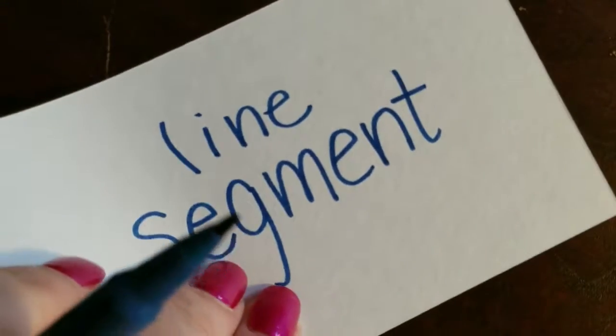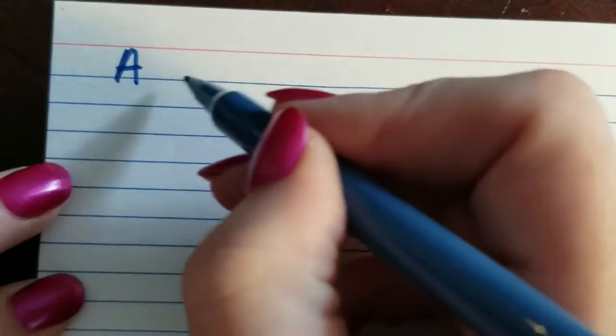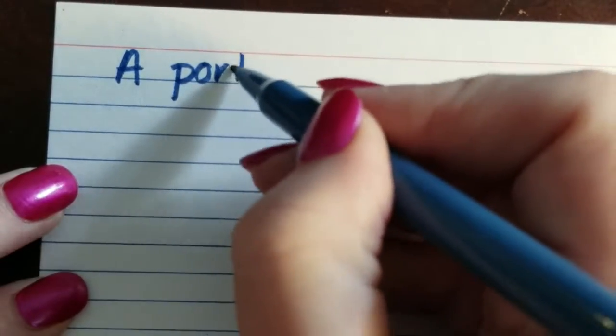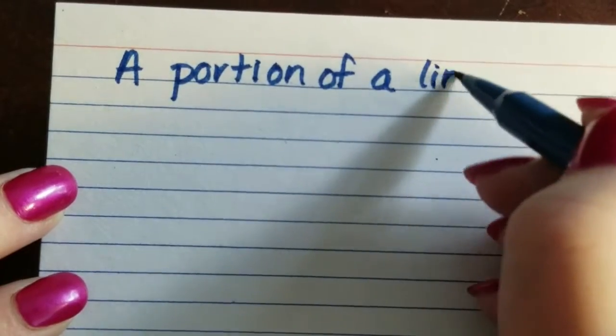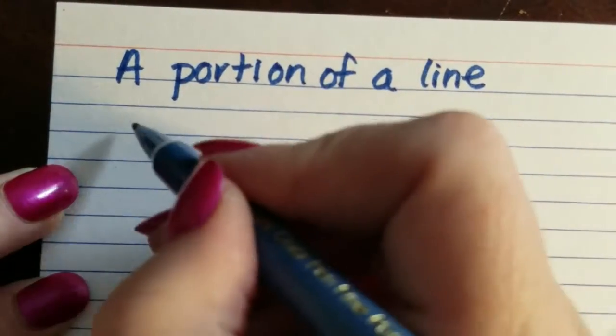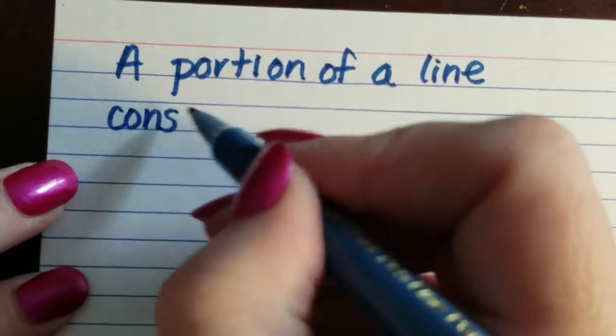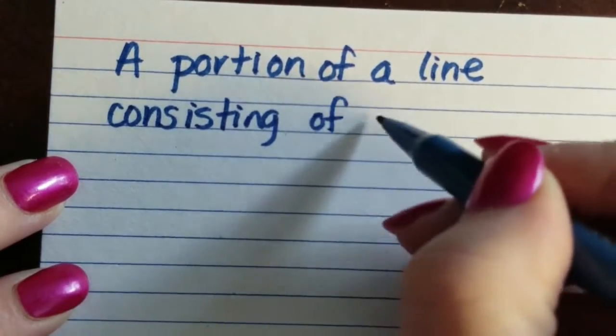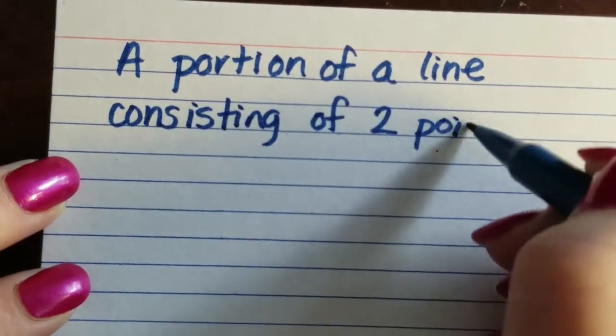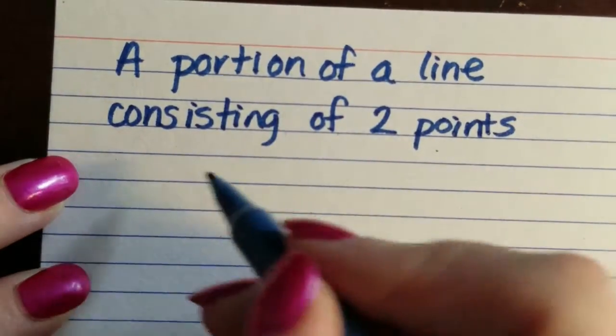We have a line segment. That means that is a portion of the line. Remember, lines go on forever and ever. Consisting of 2 points, and all the points between them.